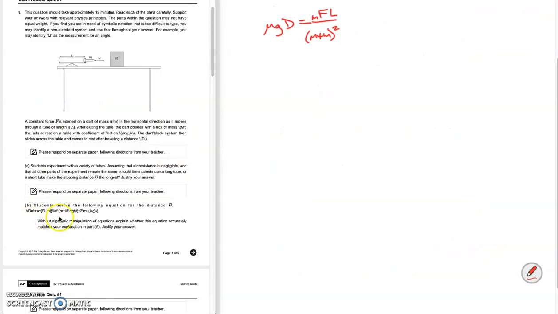All right, for part B, they give us an equation, which if you take a look at the equation I've moved up here to the top that I ended up with at the end of part A, I could finish solving for the distance by moving the mu and the g, and I get exactly the same equation that they got.